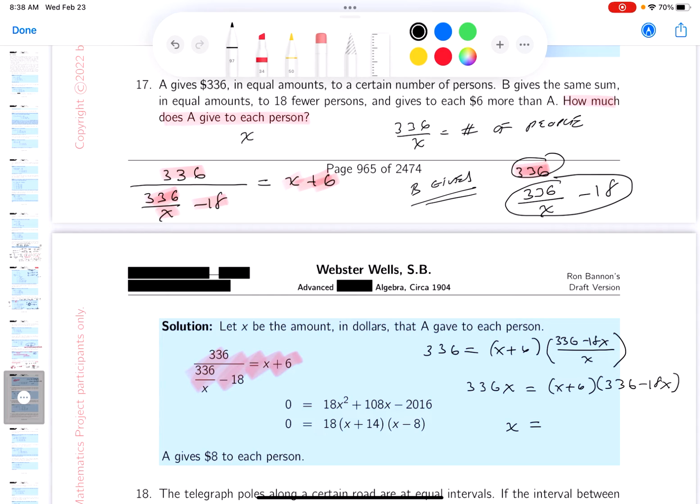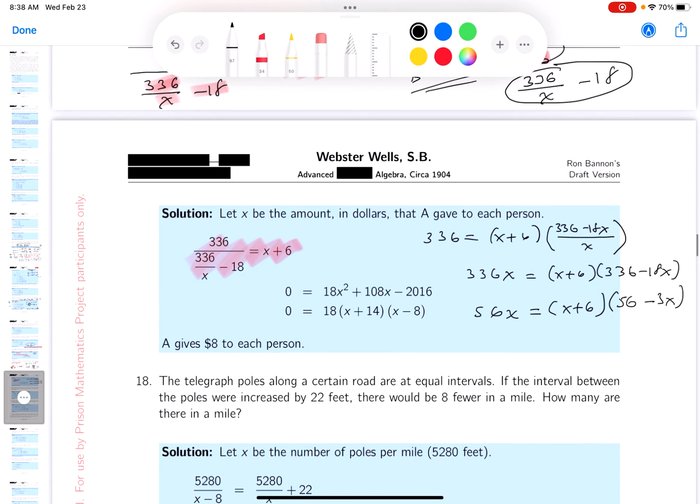Let's see, 56, x plus 6, 56, and then what do you get over there? Minus, I'm dividing by 6, 3x. Well, I've got to do some multiplications here, don't I? I'm not sure if I did that right, by the way. 336 divided by 6 is 56. Yeah, I did okay. Let's multiply it out.